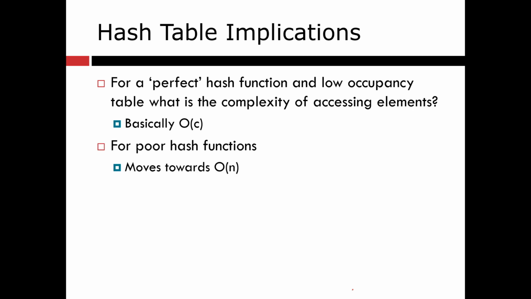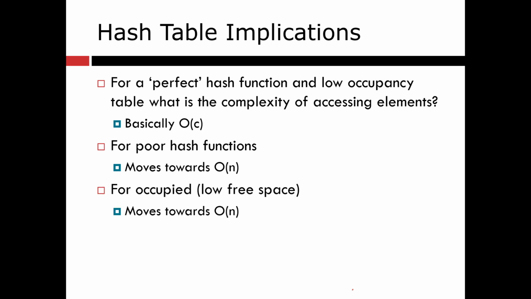The problem, though, is that as soon as we start putting caveats onto these perfect things, as in the physics world, as soon as we start making things not round spheres, as soon as we start making things more real, all of a sudden it gets more complicated. So as soon as we start introducing lower quality hash functions, we're moving towards an O(n) kind of operation. As soon as we start restricting the amount of space we have, we start pushing towards O(n) operations, right? All of these things are going to be pushing us back towards O(n) complexity.